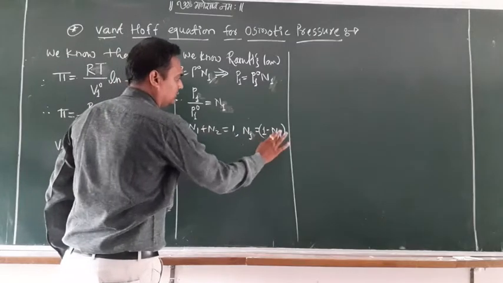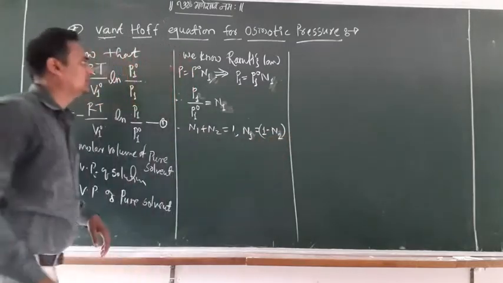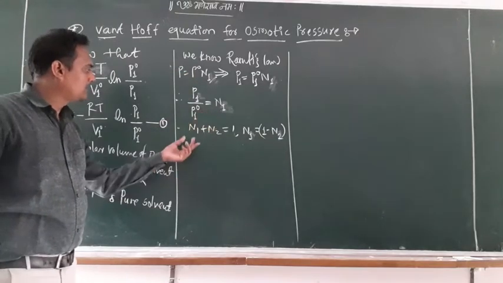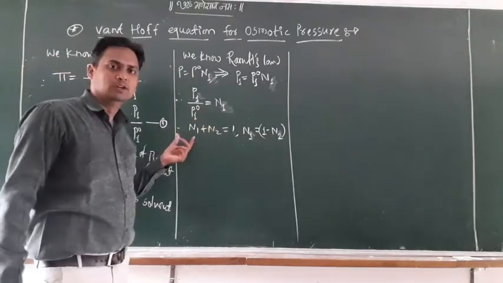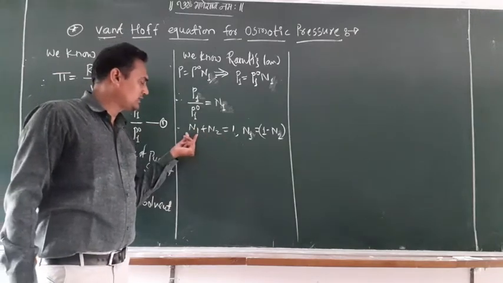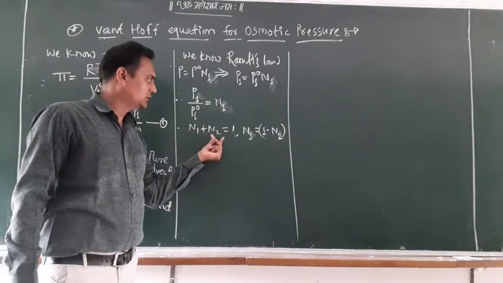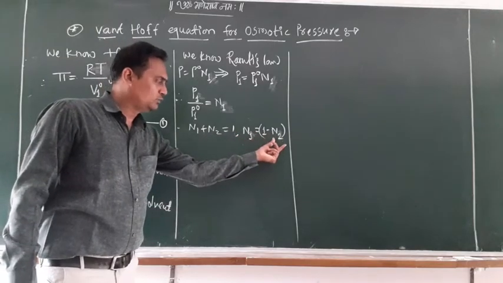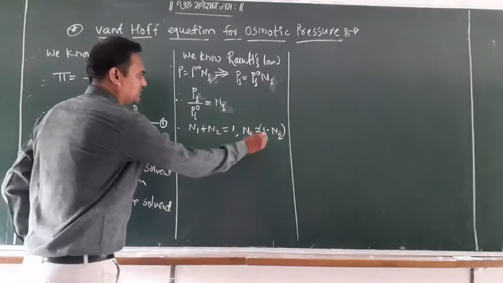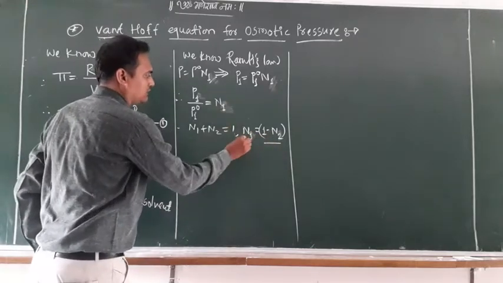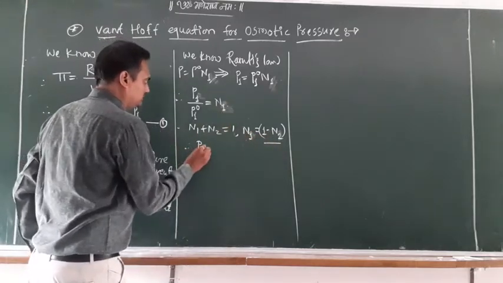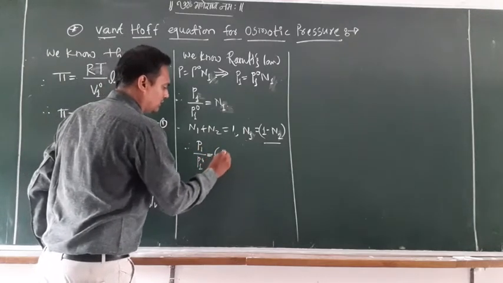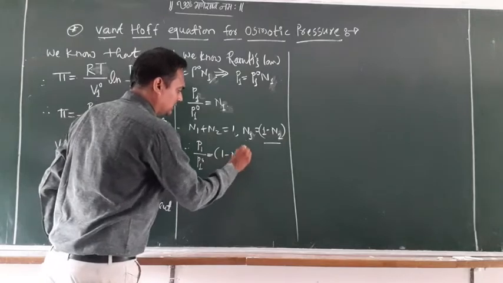So from Raoult's law we get this equation, P1 upon P1 naught is equal to N1. We know N1 plus N2 is equal to 1, where N1 is the mole fraction of solvent and N2 is the mole fraction of solute. So the mole fraction of solvent is equal to 1 minus the mole fraction of solute. Substituting this value, P1 upon P1 naught is equal to 1 minus N2.